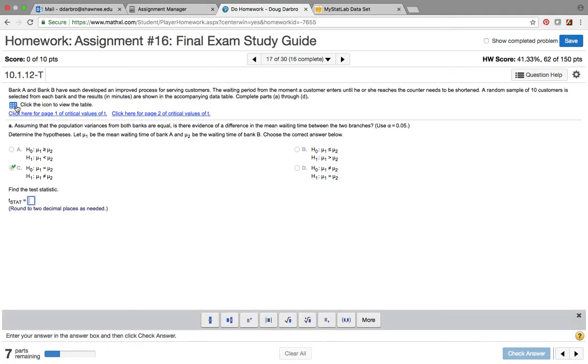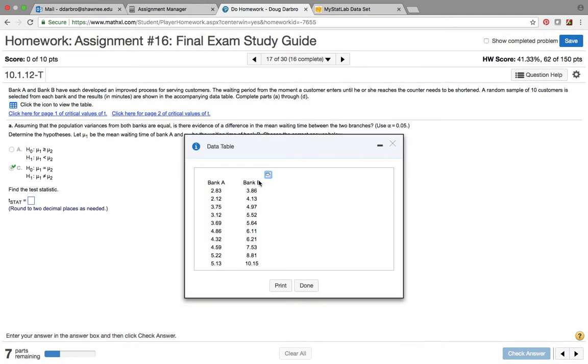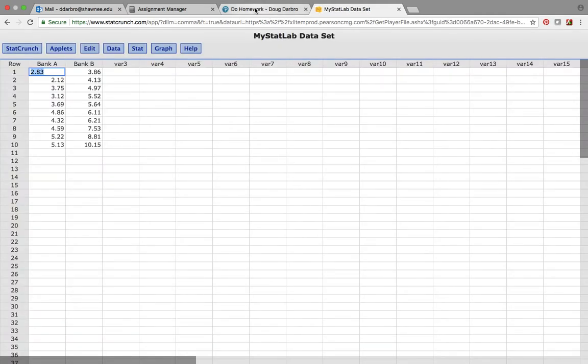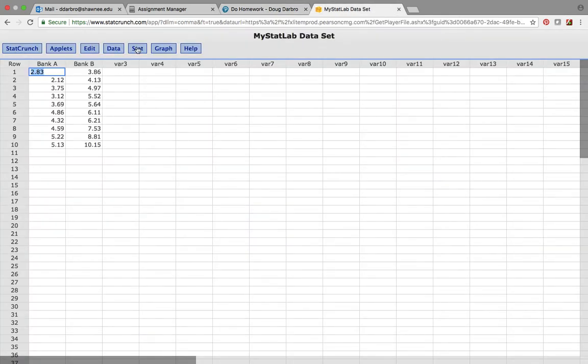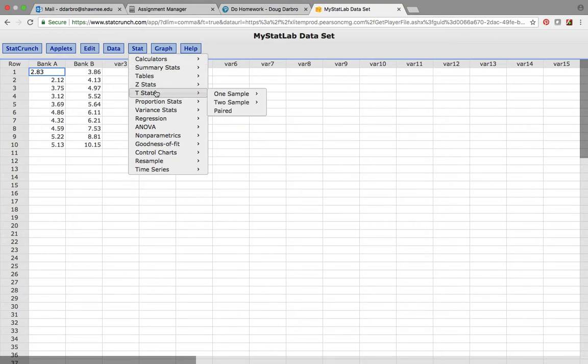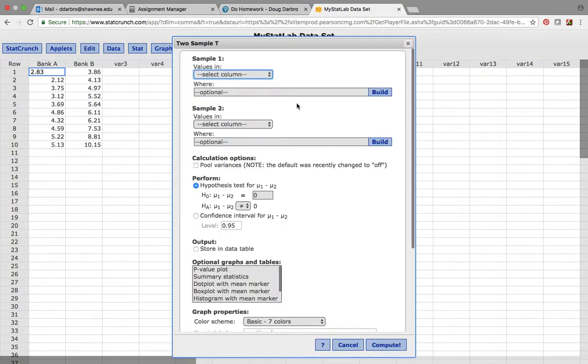Okay, am I missing something? Oh yeah, I was missing the data. All right, so we are testing. We want the T-stat. So guys, we need to go to T, two sample with data. We want Bank A as sample 1 and Bank B as sample 2.